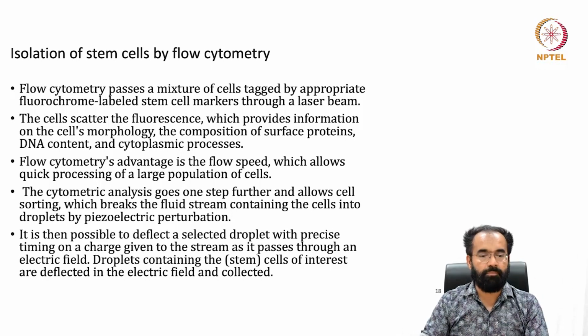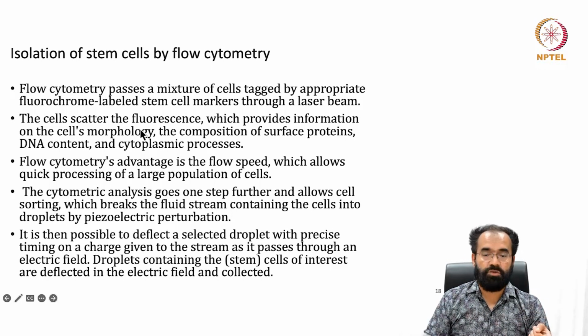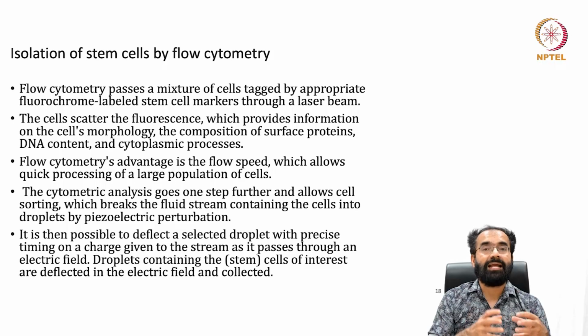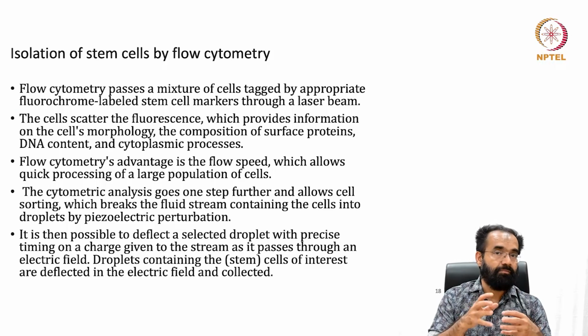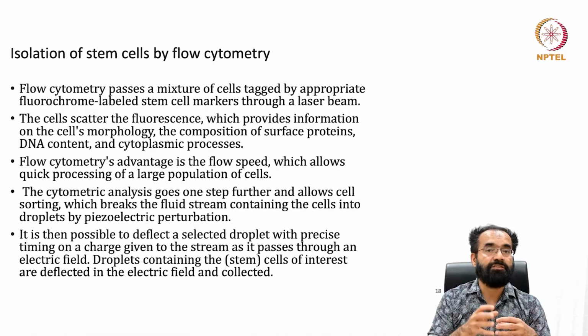This antibody has a fluorophore, let's say a fluorescent tag. The cells scatter the fluorescence, which provides information on the cell's morphology, composition of surface proteins, DNA content, and cytoplasmic processes. So you will be able to measure lots of properties of the cells based on the fluorescent scattering, which is derived from the fluorophore attached to the antibody, which is already bound to the functional marker present on the surface of this stem cell.